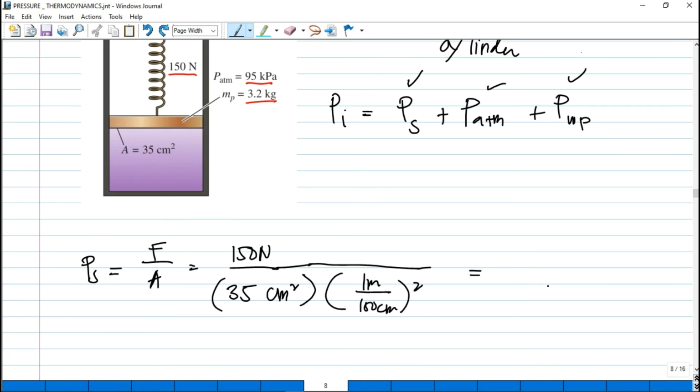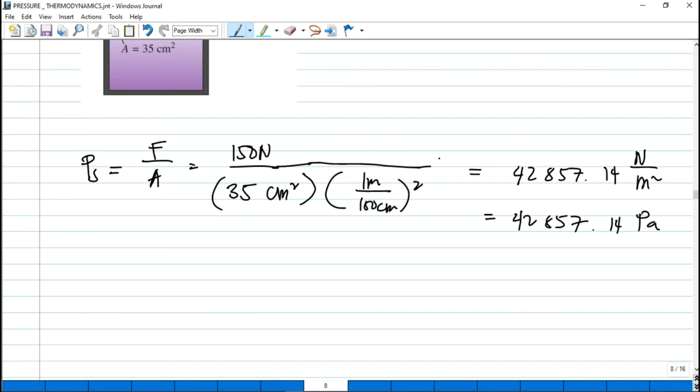So this is just equal to 42,857.14. Okay, Newton per square meter na siya, guys. Newton per square meter or Pascal. So 42,857.14 pascals. Then we convert this, guys, to kilopascal.